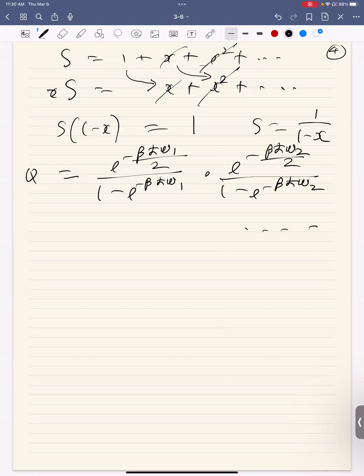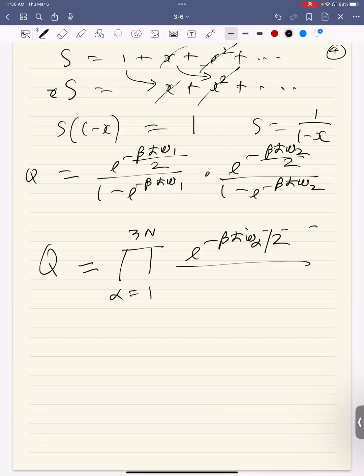So in other words, we can write down our partition function for n independent atoms with 3n independent quantum harmonic oscillators as the product over alpha equal to 1 to 3n of e to the power minus beta h cut omega alpha by 2 divided by 1 minus e to the power minus beta h cut omega alpha.